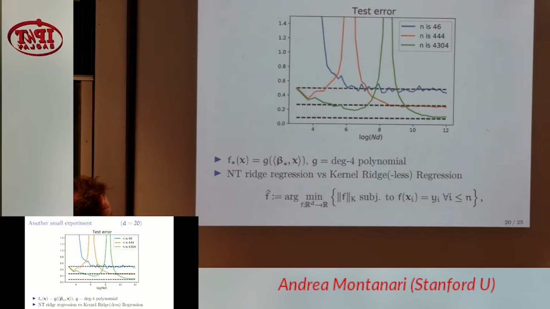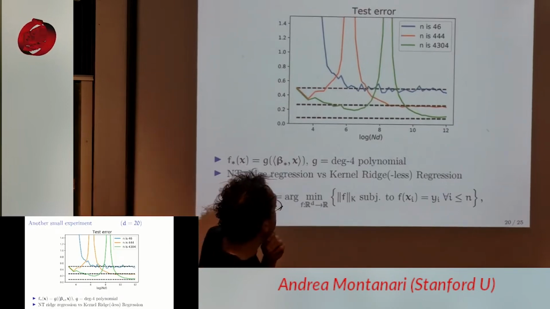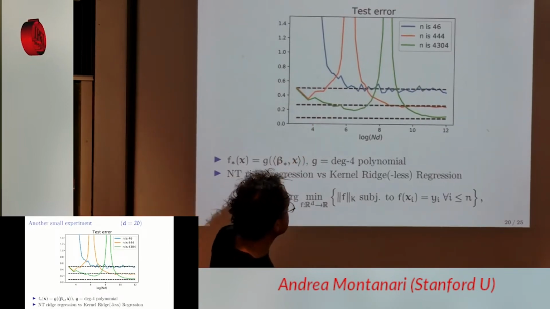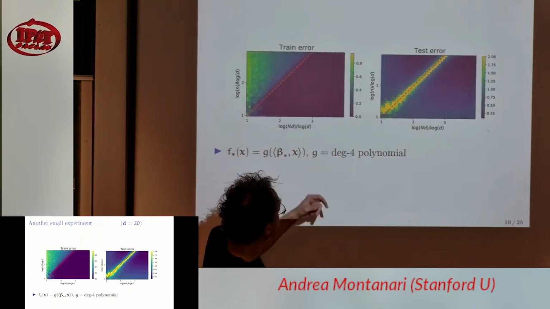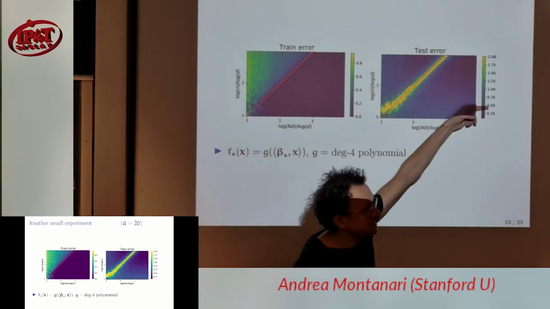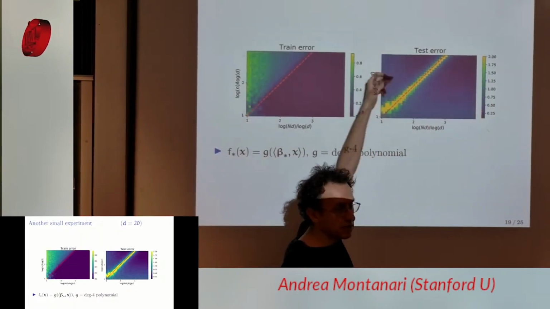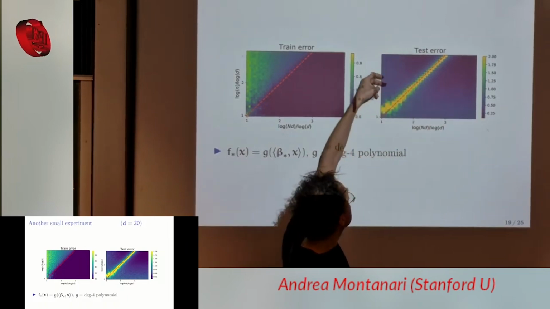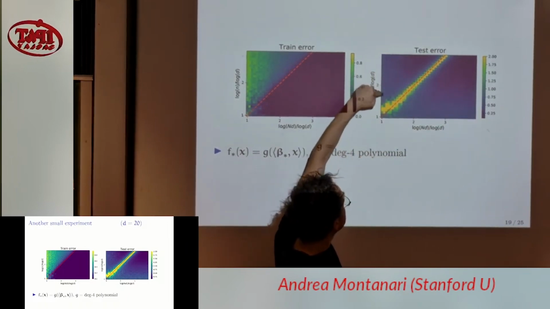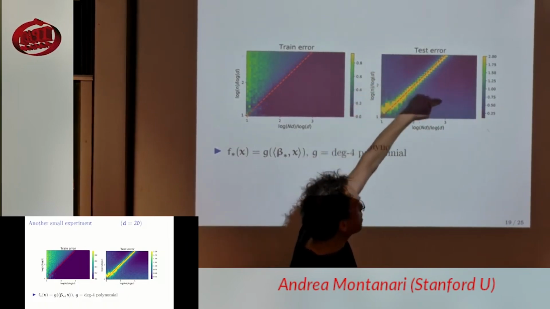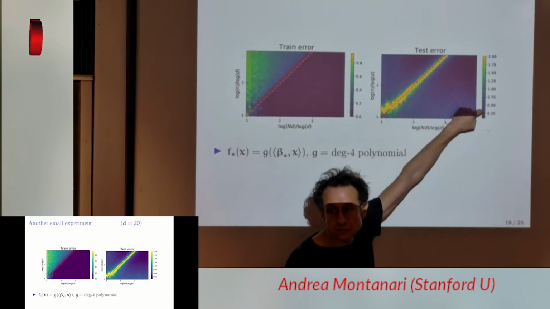And this is the same thing in which we take slices along these horizontal lines, so we increase the number of parameters. This plot really clarifies that as you increase the number of parameters, you eventually decrease to a minimum.